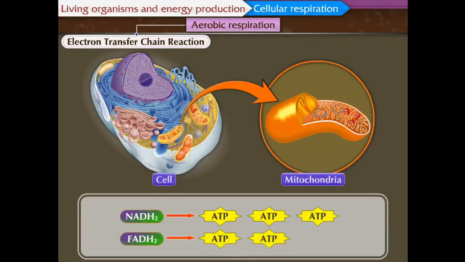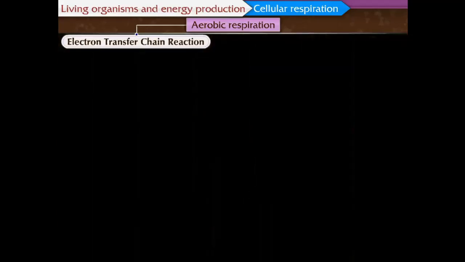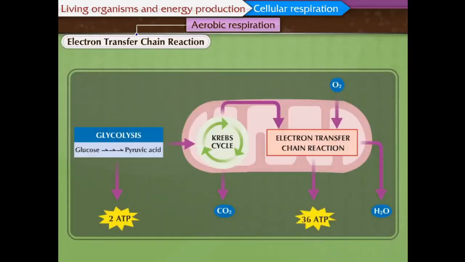Besides ATP, water molecules are also produced. Electron transfer chain reaction is operated in mitochondria only. Thus, in aerobic respiration, when a glucose molecule is completely oxidized, carbon dioxide and water are produced along with energy.